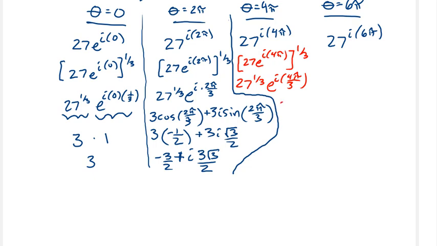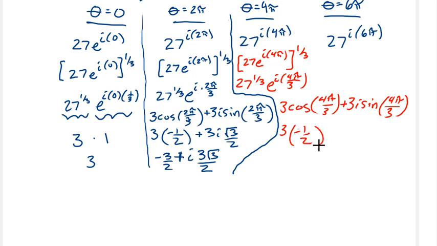Actually, let's continue right here. 3 cosine 4 pi over 3 plus 3i sine 4 pi over 3. So cosine of 4 pi over 3 is negative 1/2, just like it was for 2 pi over 3.